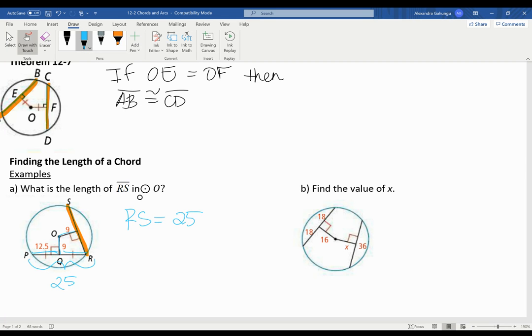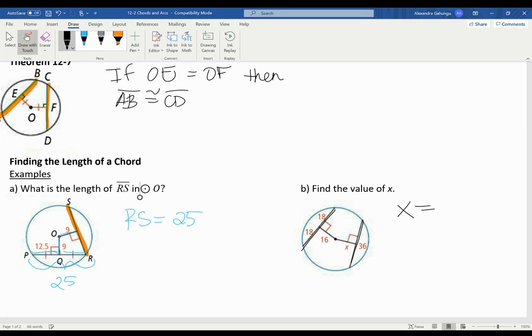Then find the value of x. So finding the value of x, we know that these are the same length, and then now we have to go back to the theorem. So if they're equidistant, then our chords are the same length. But we now know that the chords are the same length. So that actually means, is the converse true? And yes.